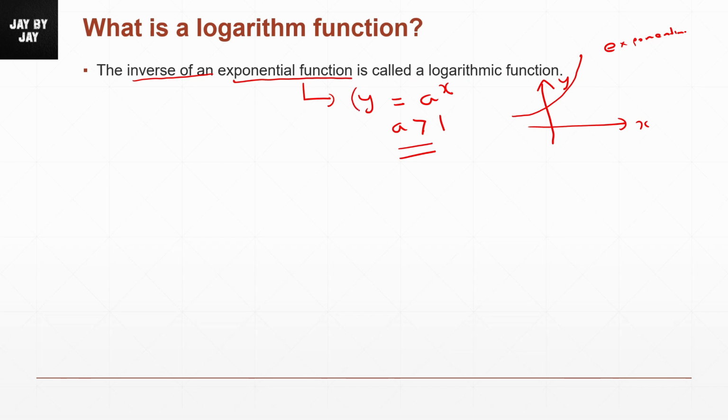Now you know this is the exponential function. So you need to take the inverse of it. How do you get the inverse of the exponential function? You need to interchange the x and y values. So the inverse of this exponential function you can write like this, interchanging x and y.